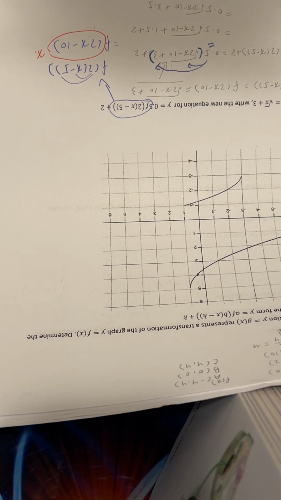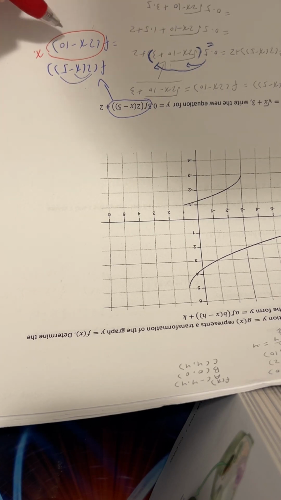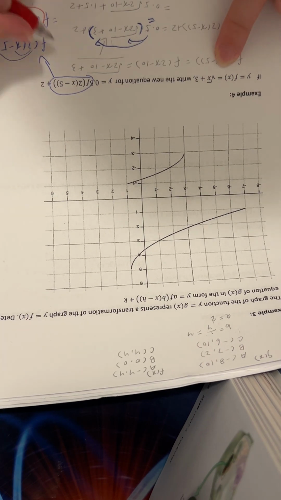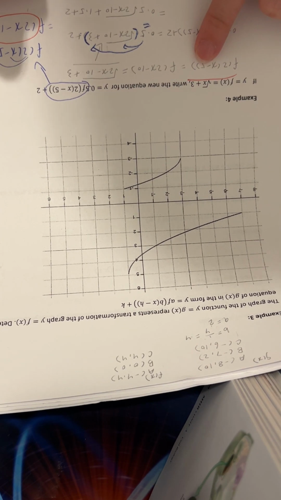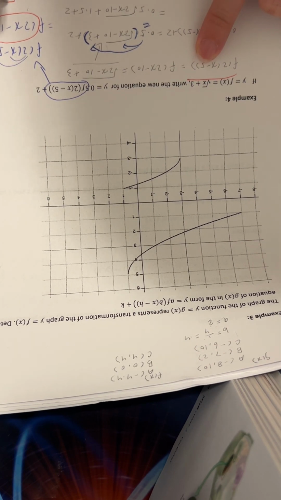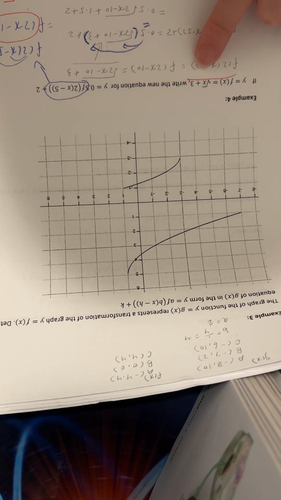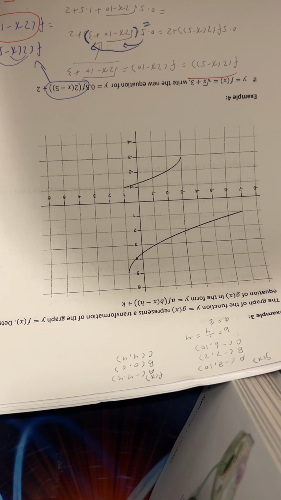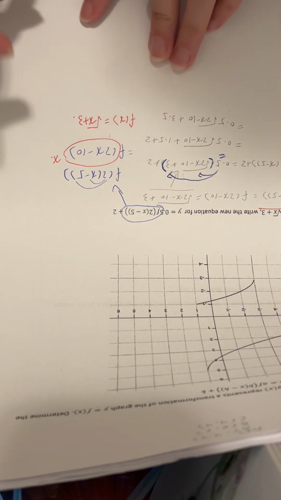I hope you get it, like the screenshots I asked you to send me. So you treat the brackets, the entire thing, as x, and you see f of x equals root x plus 3.